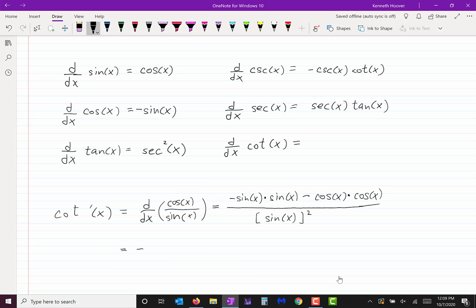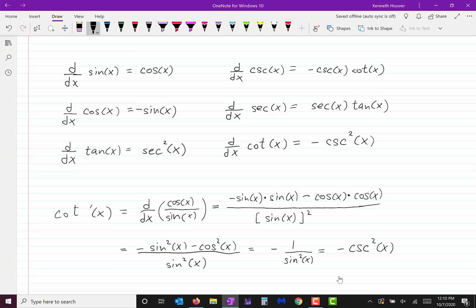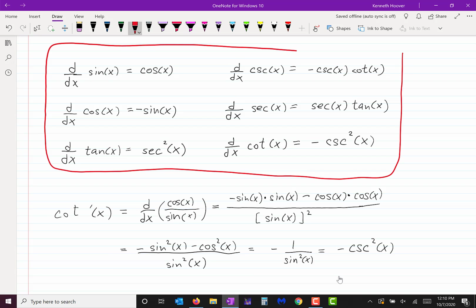So that's negative sine squared x minus cosine squared x over sine squared x, which equals negative 1 over sine squared, which equals negative cosecant squared. All right, there you go. All 6 trig functions. You now know their derivatives.